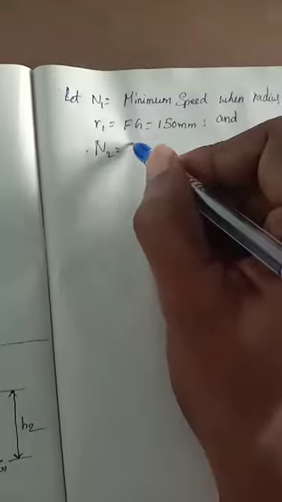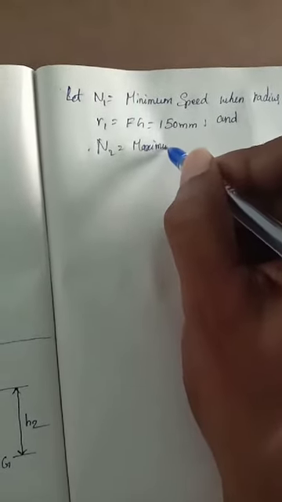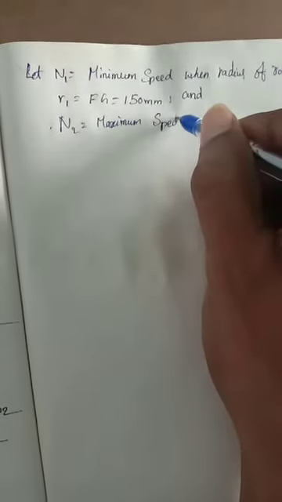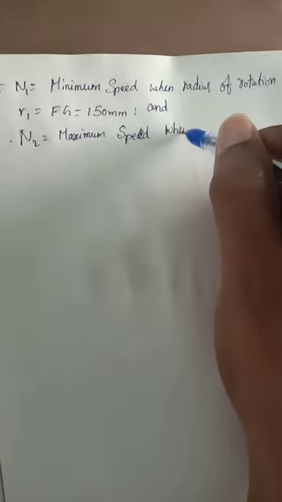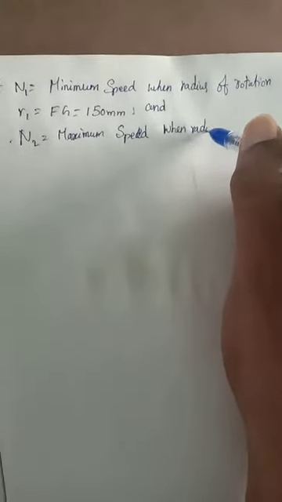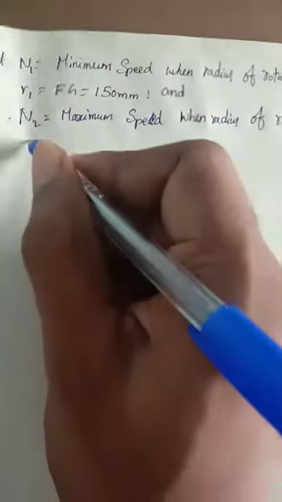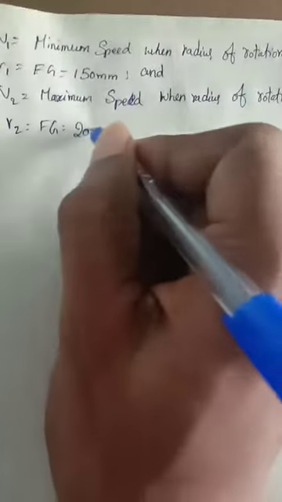So N2 is the maximum speed when the radius of rotation R2 is equal to FG, which is 200 mm.